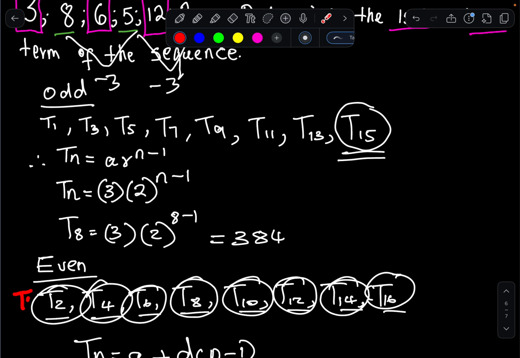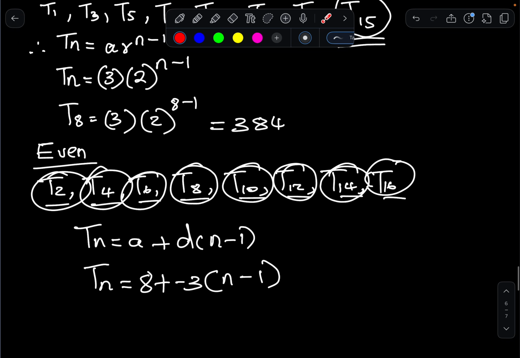If I were to put term 1 here, term 3 here, term 5 here, term 7, term 9, term 11, term 13, term 15, you can see that position 16 of the entire sequence is position 8 of the even. And we have to substitute into the even because term 16 is part of the linear pattern.